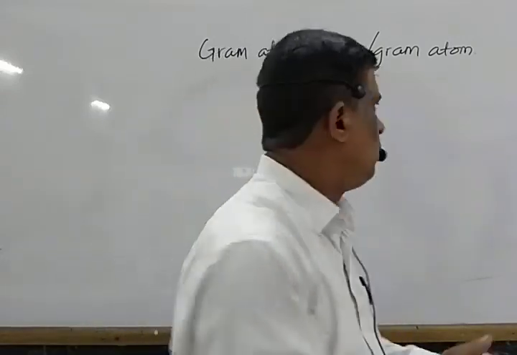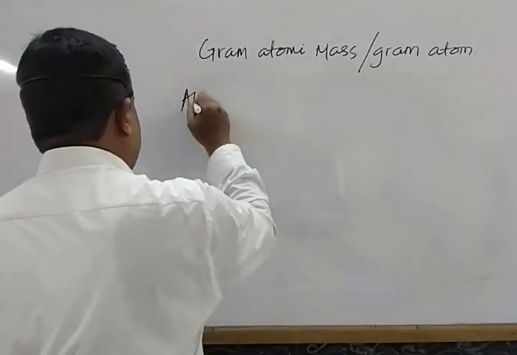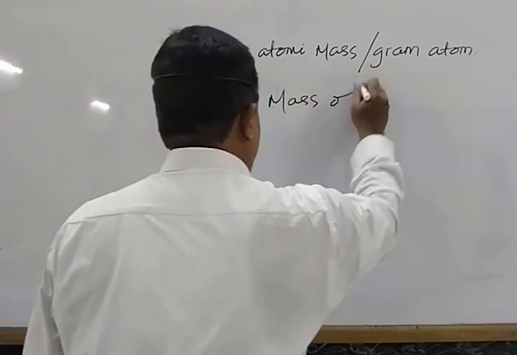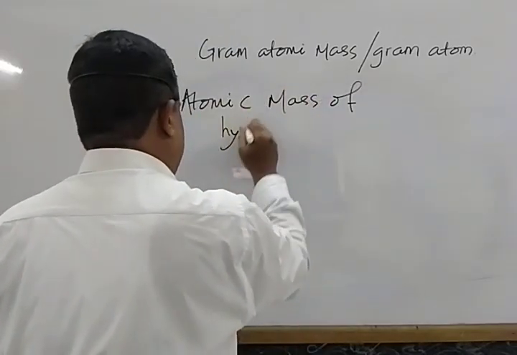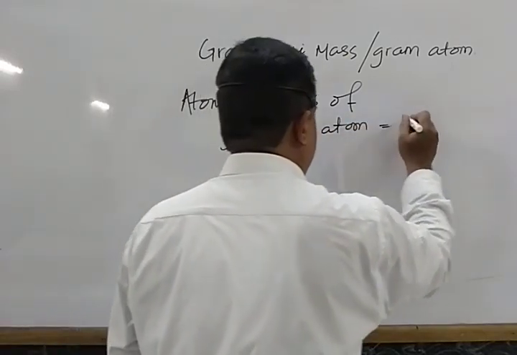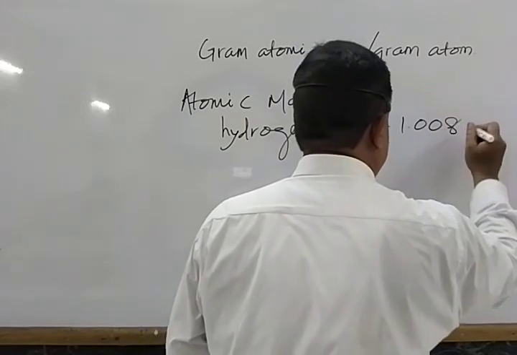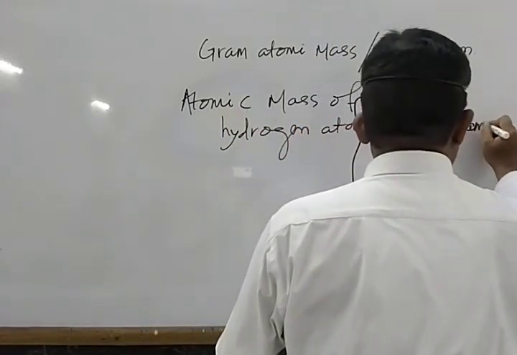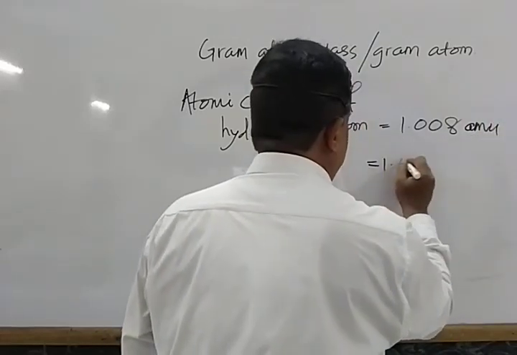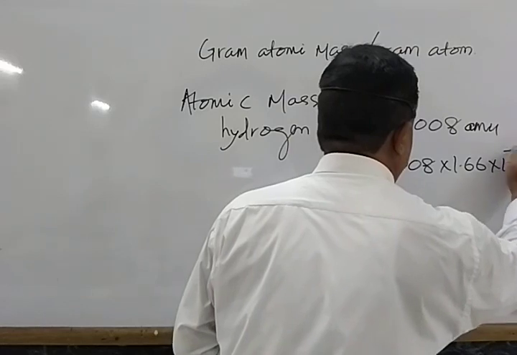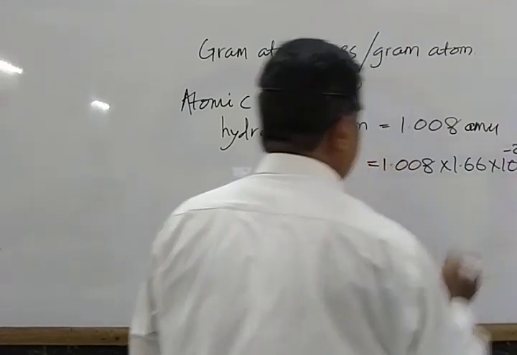For example, atomic mass of hydrogen atom is equal to 1.008 AMU, which is equal to 1.008 into 1.66 into 10 to the power minus 24 gram.